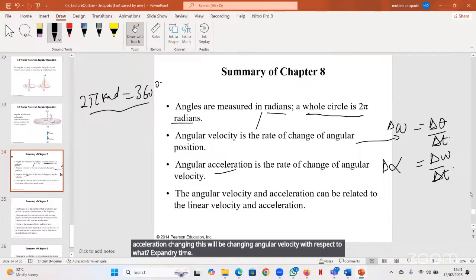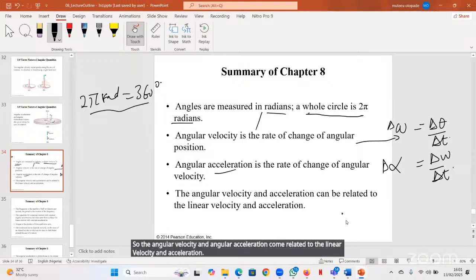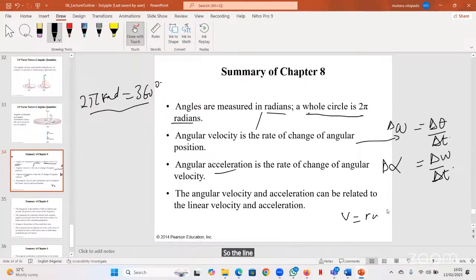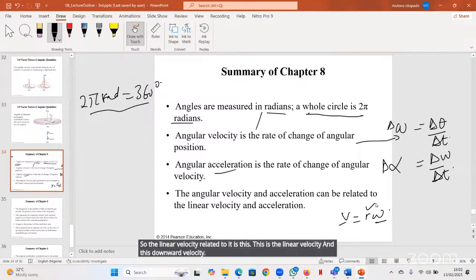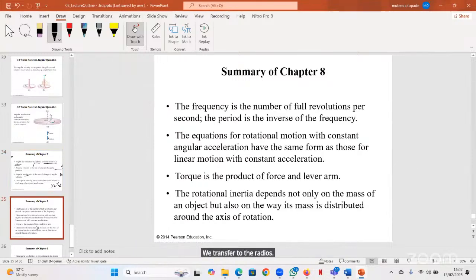The angular velocity and angular acceleration can be related to the linear velocity and acceleration. This is the linear velocity, and this is the angular velocity with respect to the radius. So the frequency, just like we said, is the full revolution, and the frequency is related to the period by this.